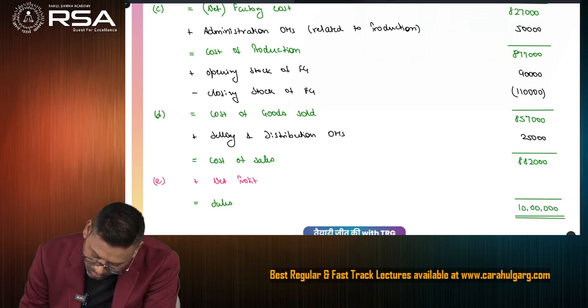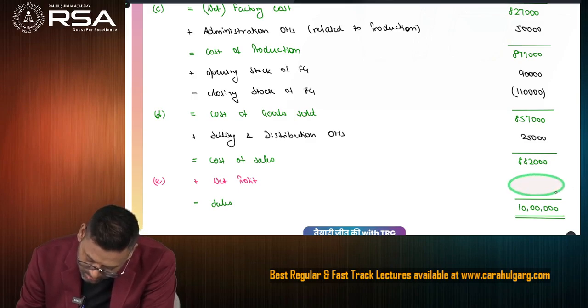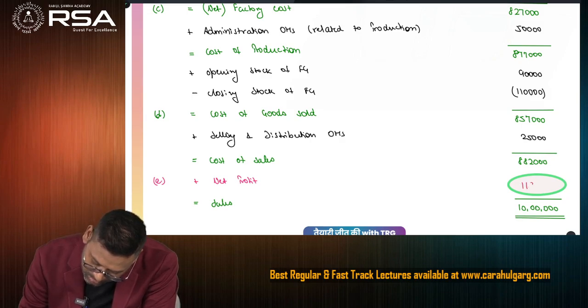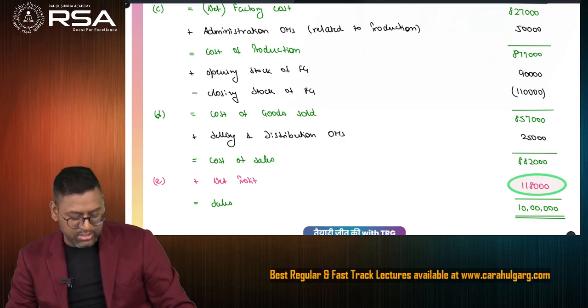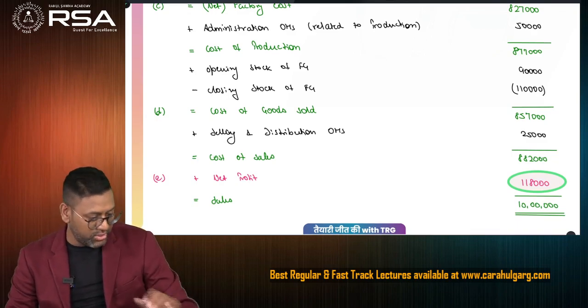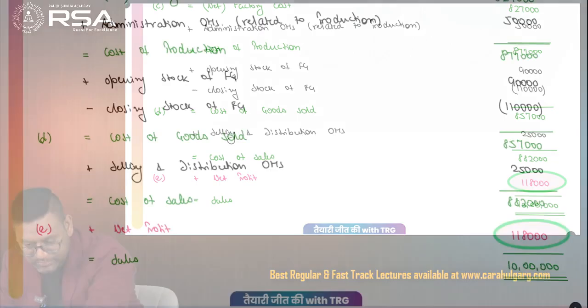So net profit you get as a balancing figure of 1,18,000 rupees, and in this manner the answer ends. Please note down if there is anything remaining, then we move.